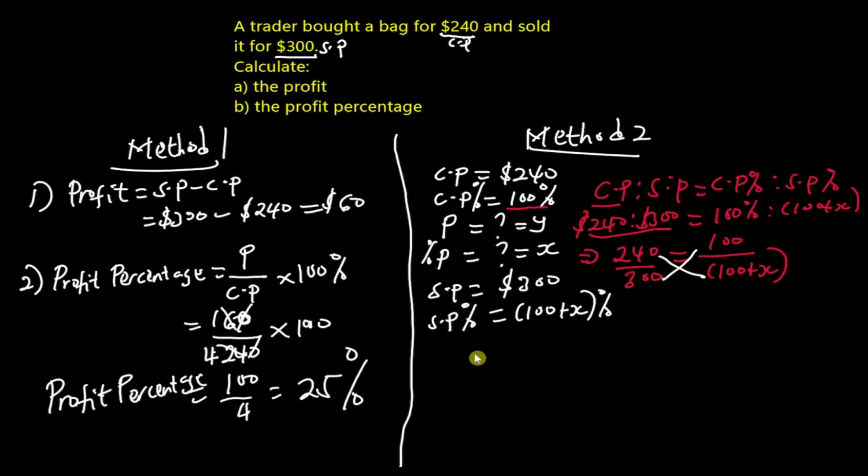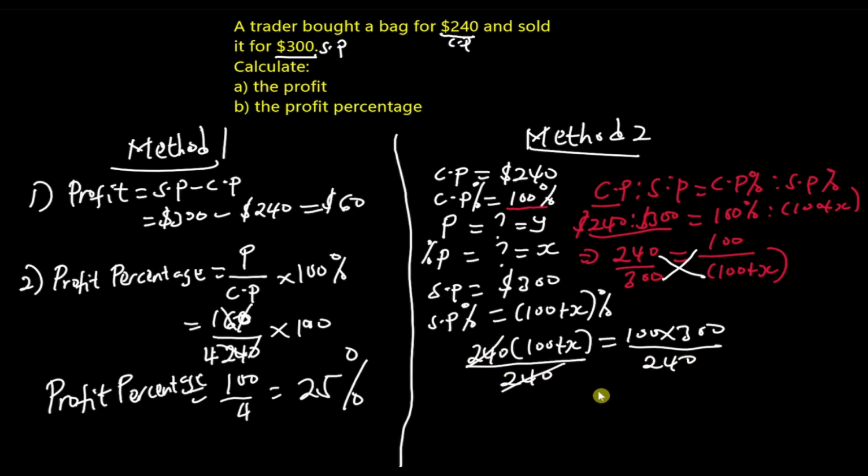So you have 240 multiplied by 100 plus x, which is equal to 100 times 300, and we could divide both sides by 240. Now 240 cancels out. Finally we could also cancel this 0 with this 0. 2 goes into 24 12 times and goes into 30 15 times.